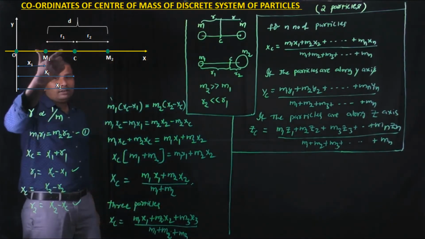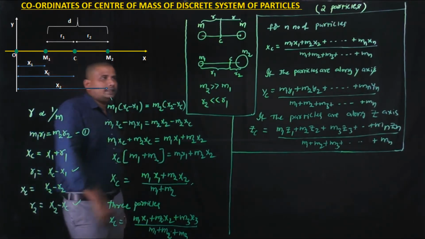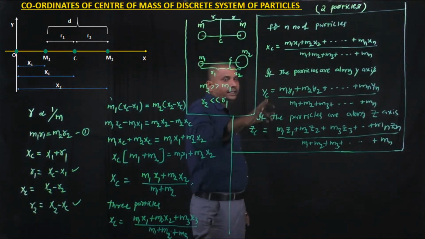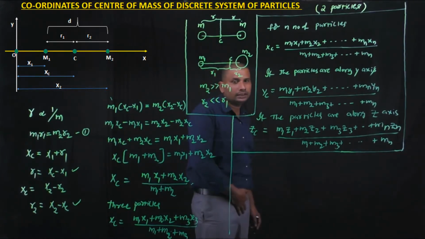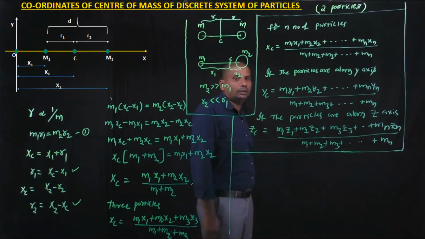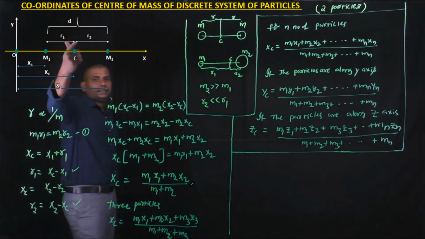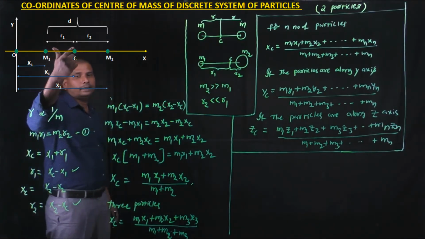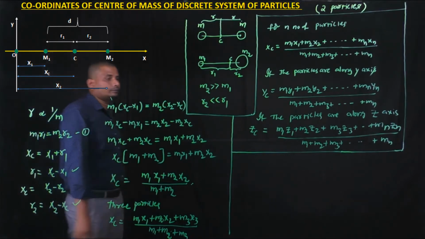Now, the distance of center of mass from the particle. These are the expressions xc, yc, zc. These are the expressions for the coordinates of center of mass of n particles from origin. And what is the expression for the center of mass from the particle?